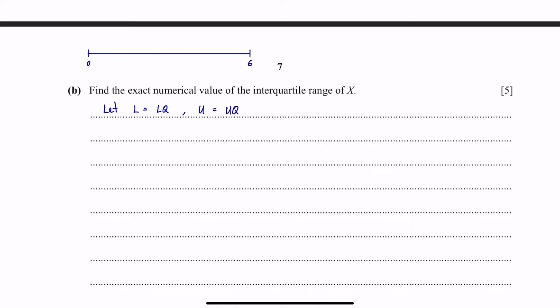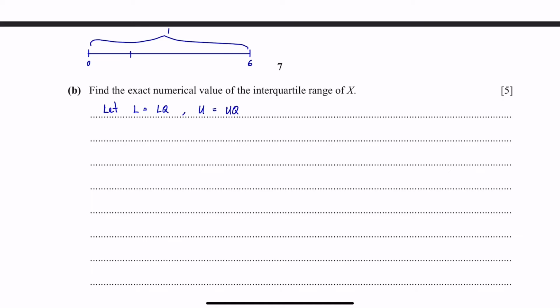Okay, so the graph is from 0 to 6 for the value of x, and this whole thing here, the total probability of this would be 1.